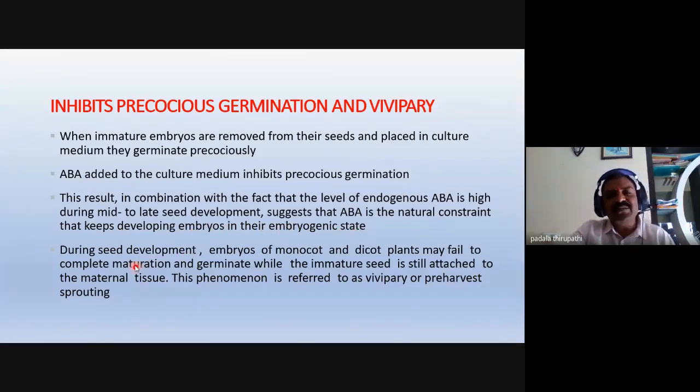During seed development, embryos of monocot and dicot plants may fail to complete maturation and germinate while the immature seed is still attached to the maternal tissue. This phenomenon is referred to as vivipary or pre-harvest sprouting. We observe this in halophytic plants like Rhizophora and Avicennia, especially in the Sundarbans area.